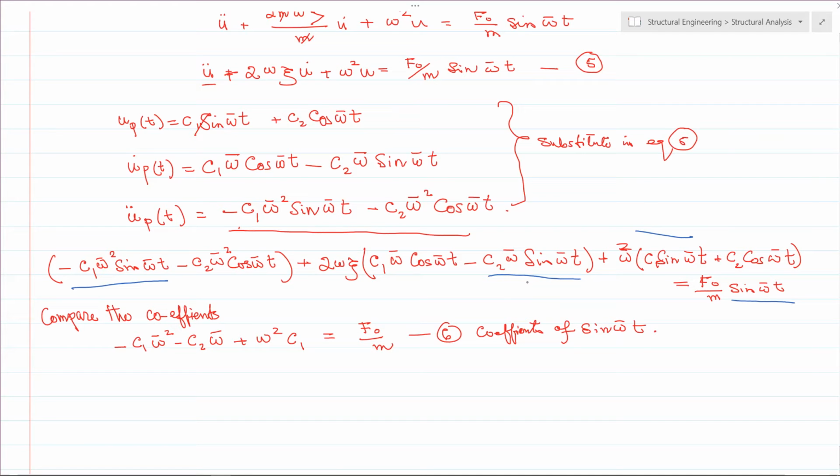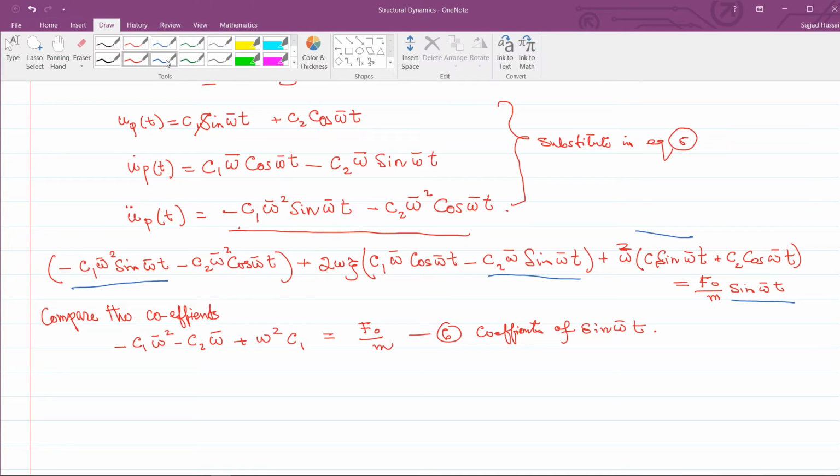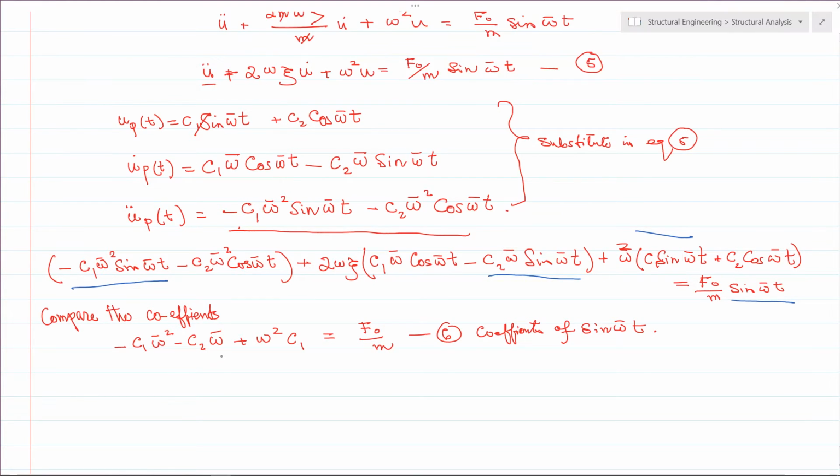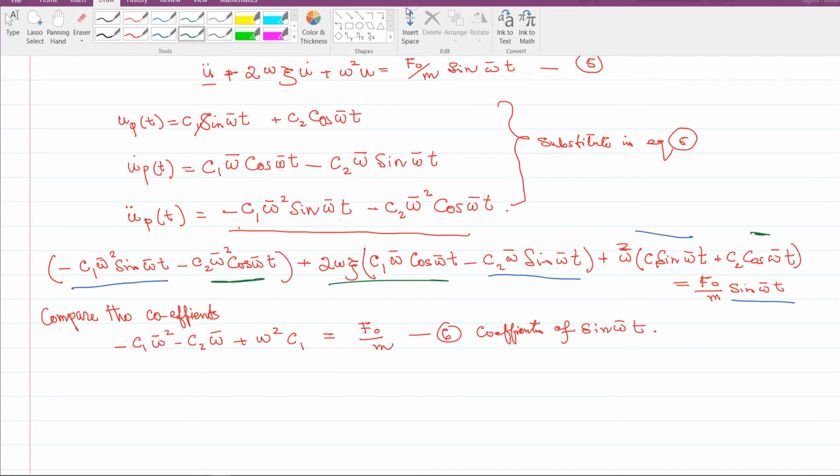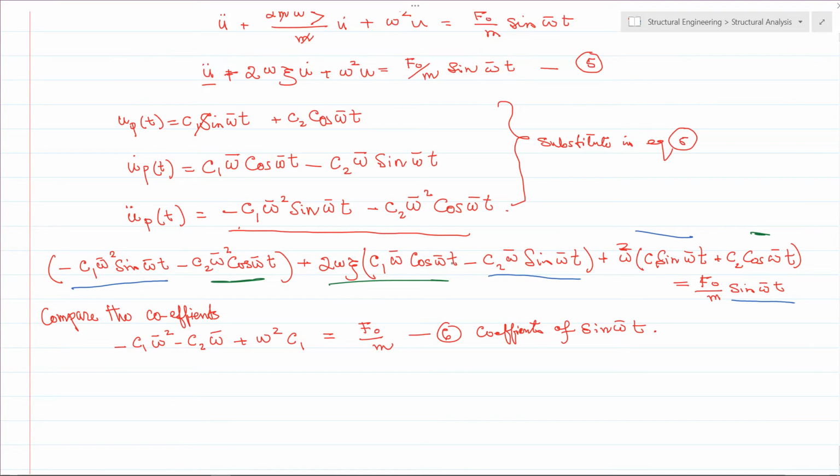Similarly, we can compare the coefficients of cos. First, let us identify what the terms over here are. So this is the cos, cos, and here one mistake: 2 omega into psi, it should be multiplied over here.